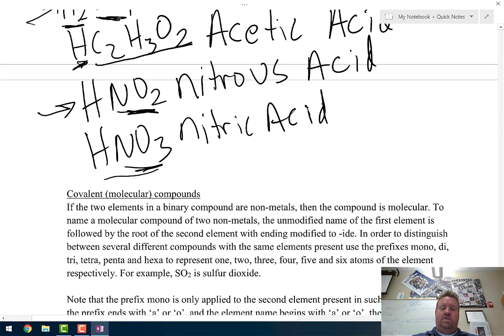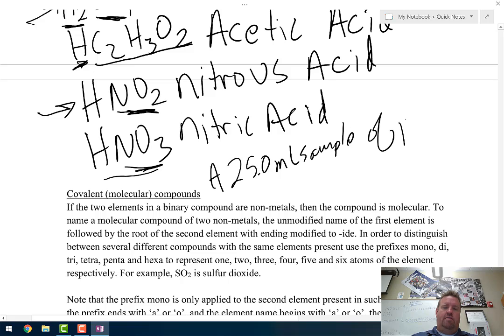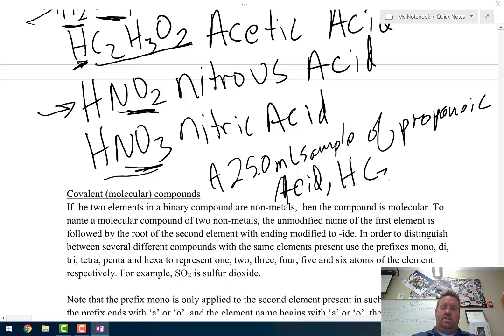So if they know that you're not going to be familiar with that acid, then they're going to give you the formula. Okay, so they might start a problem by saying, a 25 milliliter sample of propanoic acid, and then afterwards, after they give you the name, they'll just give you the formula. They'll say C3H7O2, I believe is what it is.